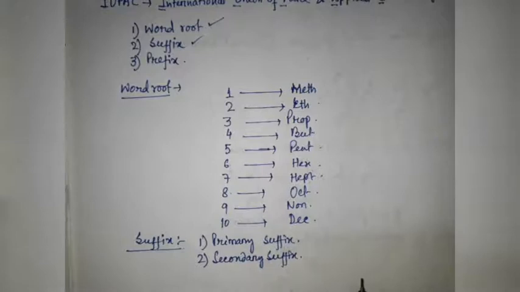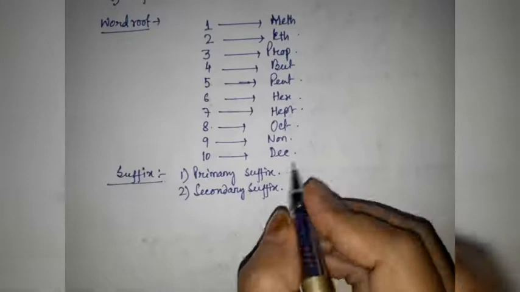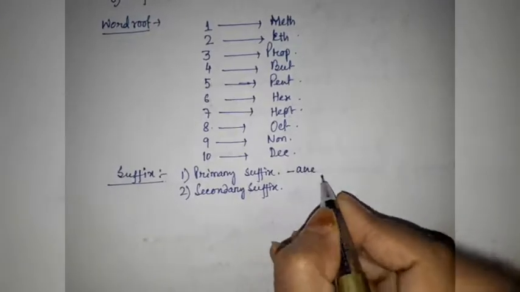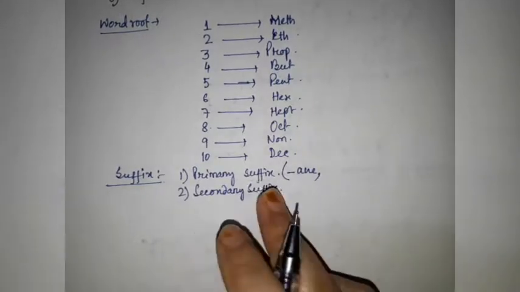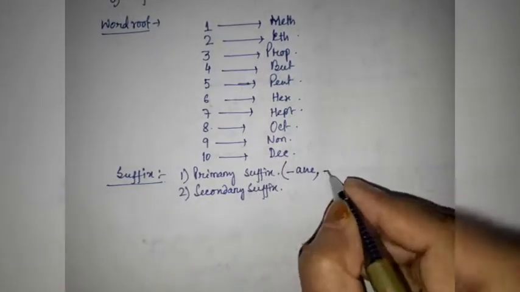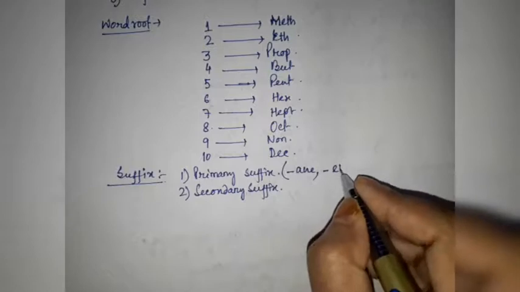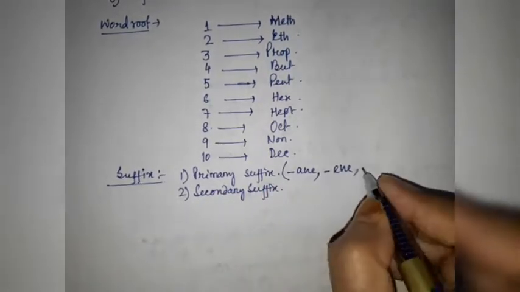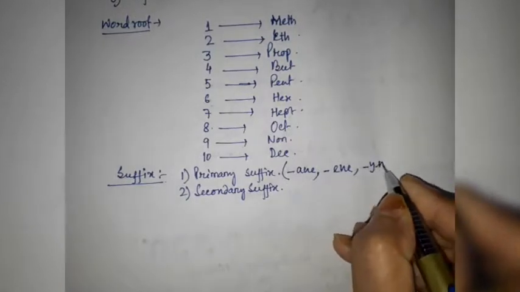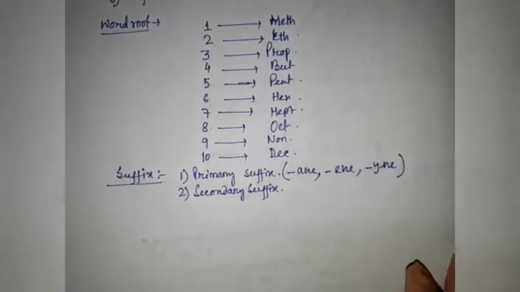If the carbon atoms are linked by only single covalent bonds, then we add "ane". If at least one double bond is present, then the primary suffix will be "ene." And if at least one triple bond is there, that will be "yne", Y-N-E.